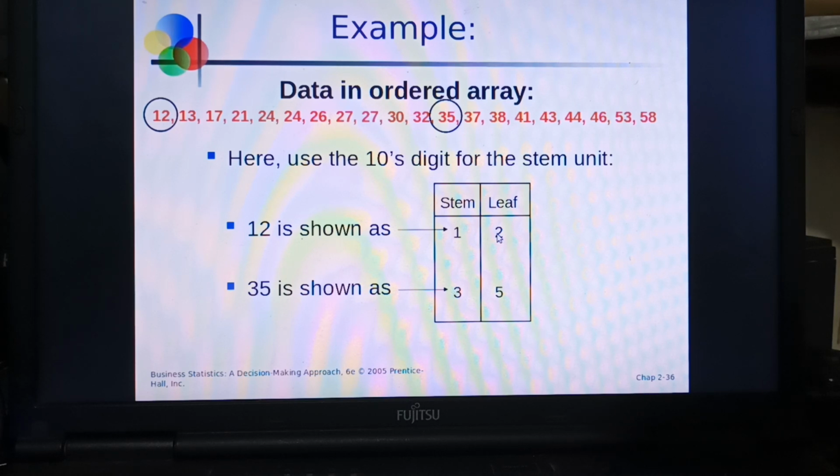The 2 is the ones, because 10 plus 2 is 12, right? And for 35, the tens digit here is 3, which stands for 30, and the 5 stands for the ones, which is just 5. 30 plus 5 is 35.